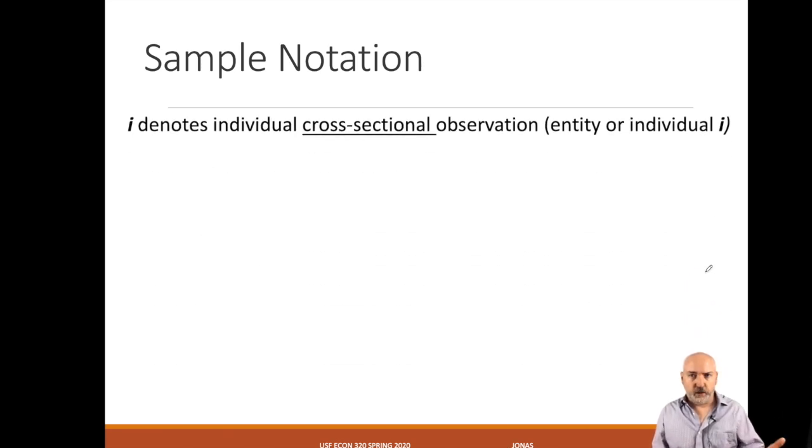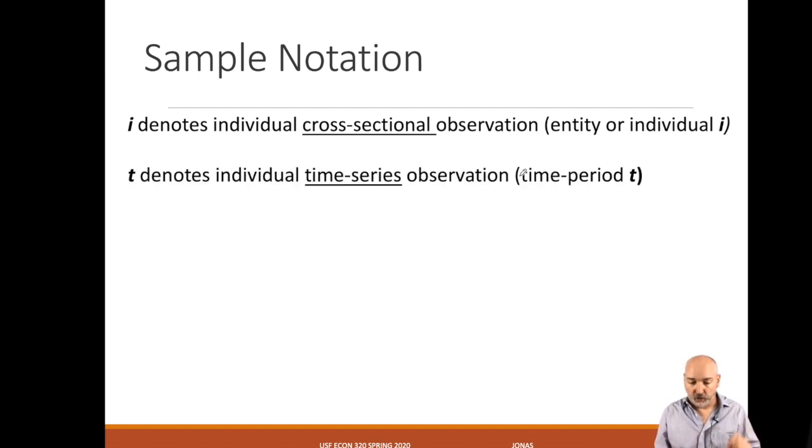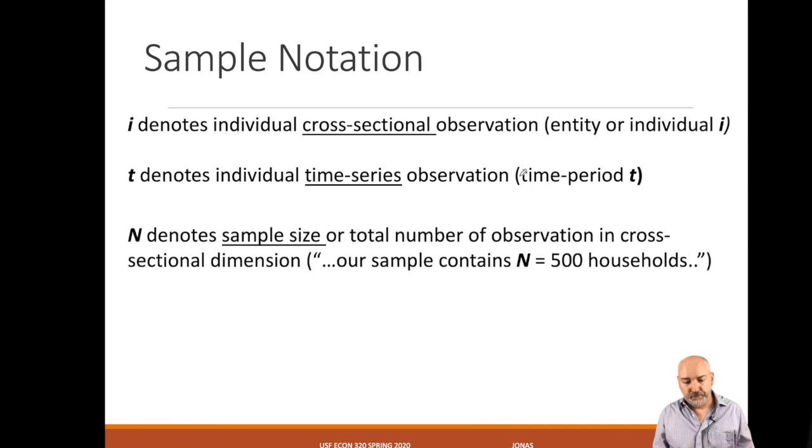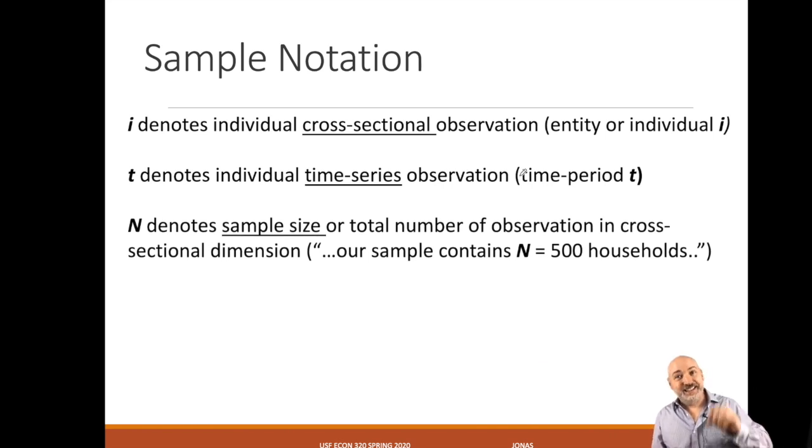So we've introduced quite a bit of notation here. So just to quickly review, when we see that little i, that denotes cross-sectional variation, our index of individual entities. The little t, variation across time. Big N, that is the sample size in a cross-sectional data set, the number of cross-sectional observations.